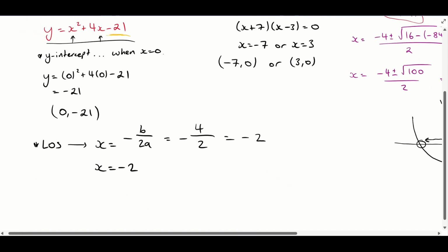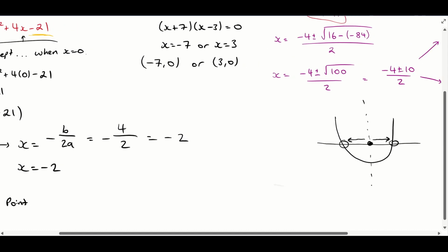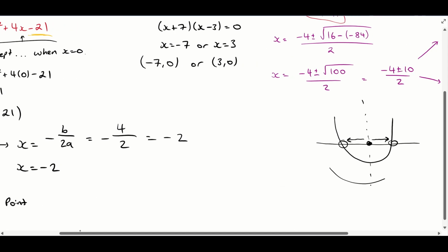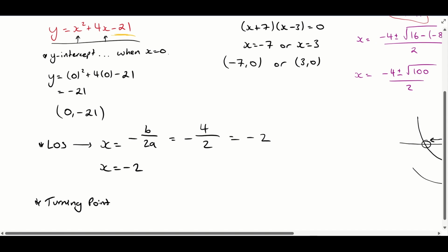And finally, what I need to find now is my turning point. Now my turning point will lie directly on my line of symmetry. Again, if you look at a parabola shape, which is what we've got over here, our turning point will lie directly on our line of symmetry. So if we just pop in x is minus 2 into our equation, that's going to tell us the y coordinate for our turning point.